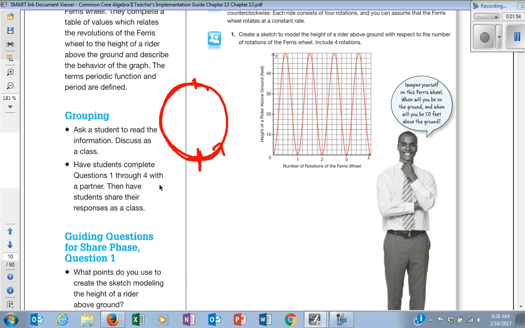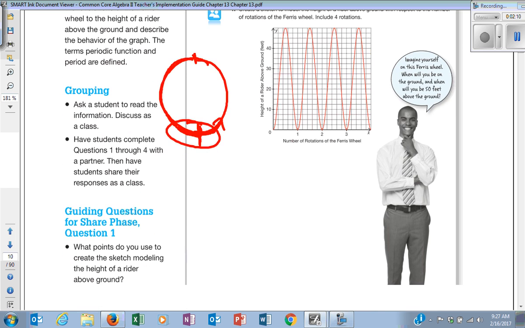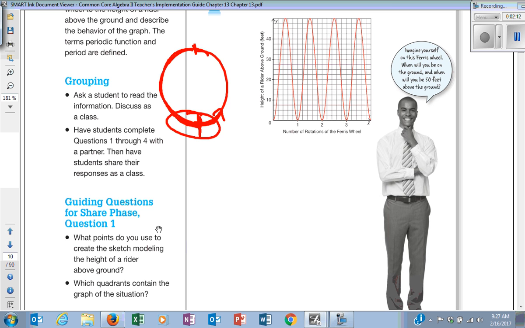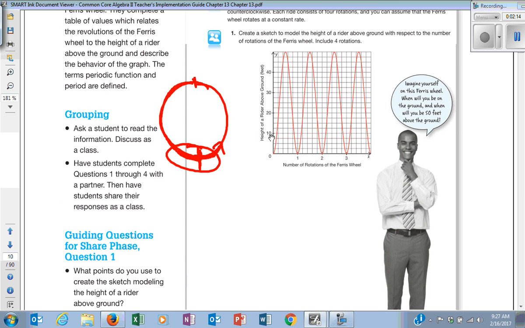The only way that could happen is maybe if the Ferris wheel is cut out a little bit and you are actually right at ground level, so maybe they've cut a little hole in the ground so that the Ferris wheel can be right at ground level. Then this graph would make sense, but they're just showing this kind of situation of a graph. And this is going to be a graph where we're talking about sine, cosine, or tangent.